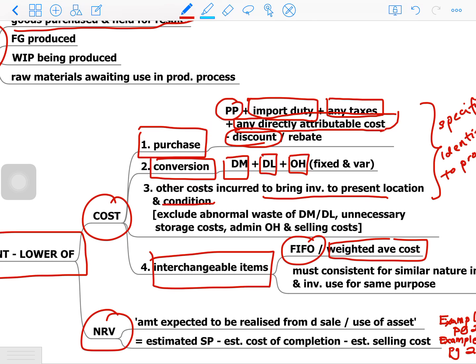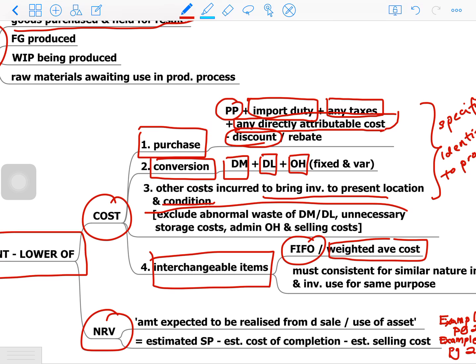But it should specifically exclude abnormal wastage of direct material and direct labor, unnecessary storage costs, admin overhead, and selling costs. These should not be included in the cost of the product, which is specifically mentioned by FRS 102.